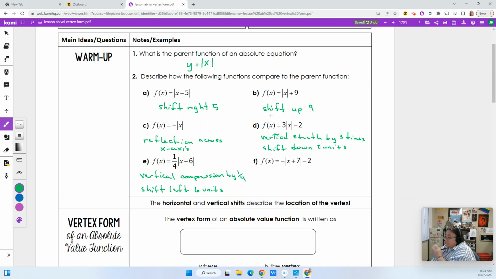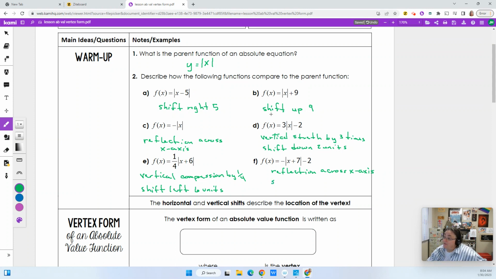Last but not least, we have over here on problem F, you can see that we do have a lot going on. We have 3 things going on in this one. We have that reflection across the x-axis based on that negative. On the inside, we have that +7, that 7 being added to x.